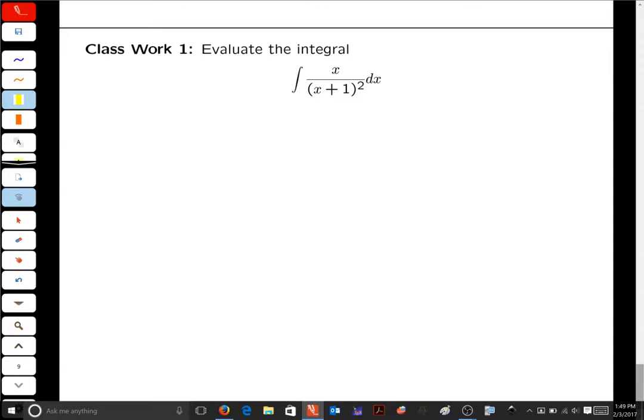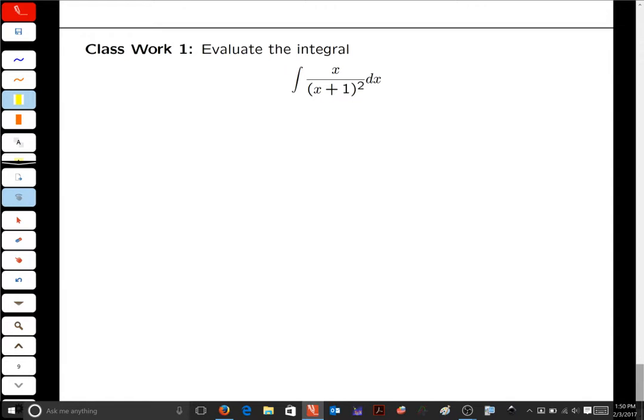Just write, plug it into your fractions.